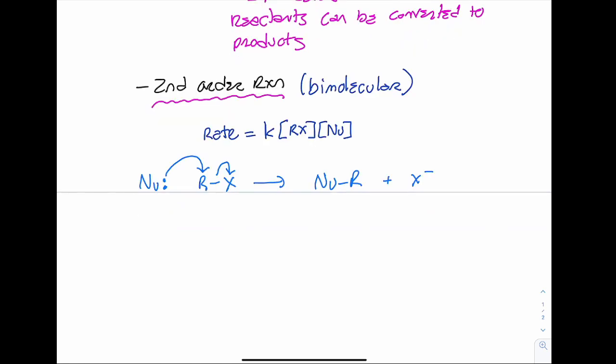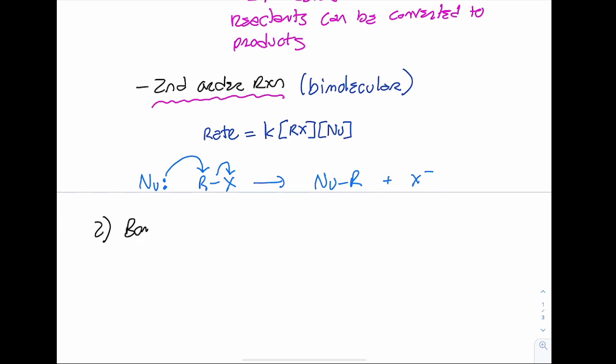Our second type of mechanism, we are going to break our bond, and then we're going to form the bond in a subsequent step. So bond making and breaking does not occur at the same time. We're going to break the bond before we make our new one. So the bond between carbon and the halogen is going to break. We're going to have an intermediate, and then we're going to form a bond between the nucleophile and that intermediate.